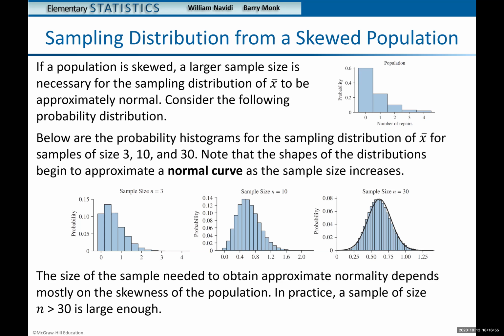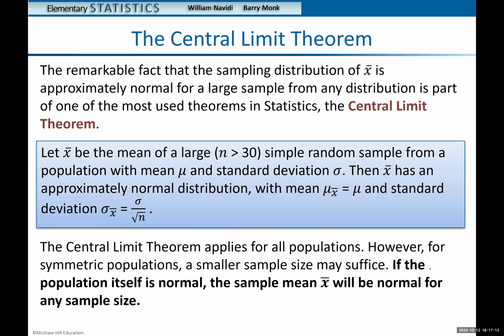And if your sample size n is at least 30, it approximates a normal distribution. So in practice, a sample size of n greater than 30 is considered large enough. Okay, so I mentioned that to construct that table, we just need the central limit theorem.